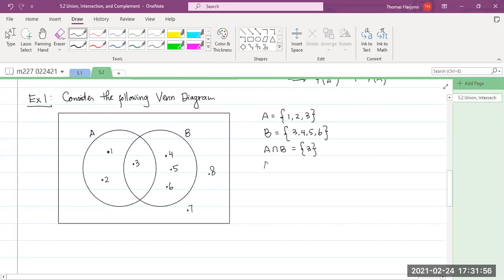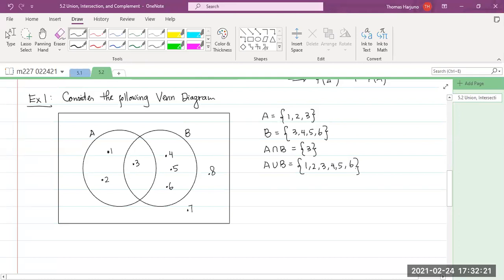How about the elements in the union? 1 through 8? Are you sure? No. 1 through 6. You see?